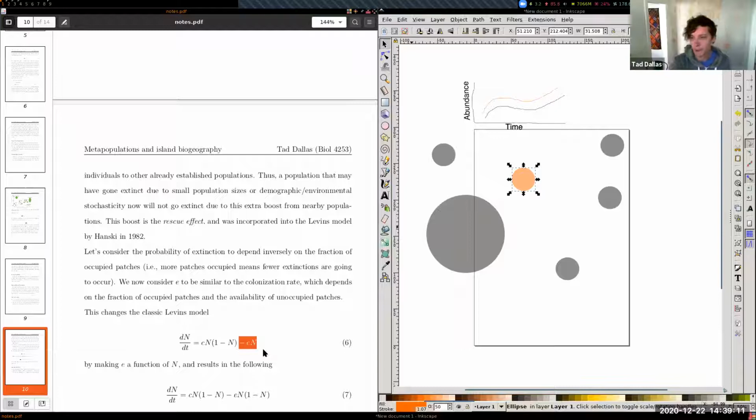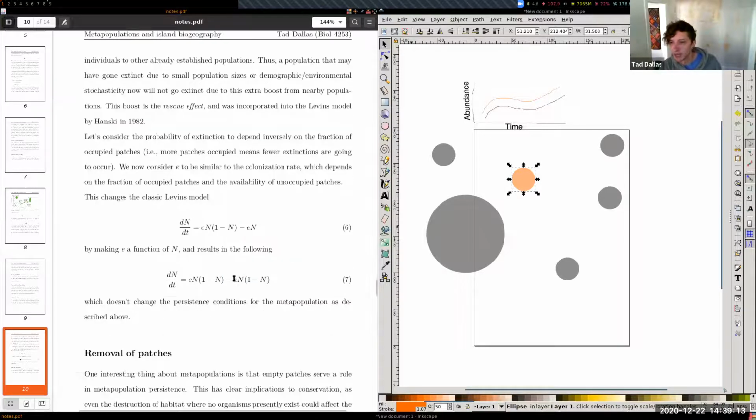But what if we consider extinction to be dependent on the fraction of occupied patches and the fraction of unoccupied patches? This was the change that Ilkka Hanski in 1982 incorporated to look into the rescue effect in closer detail.